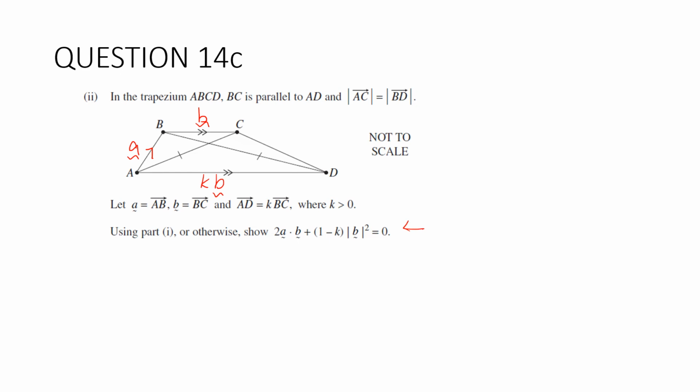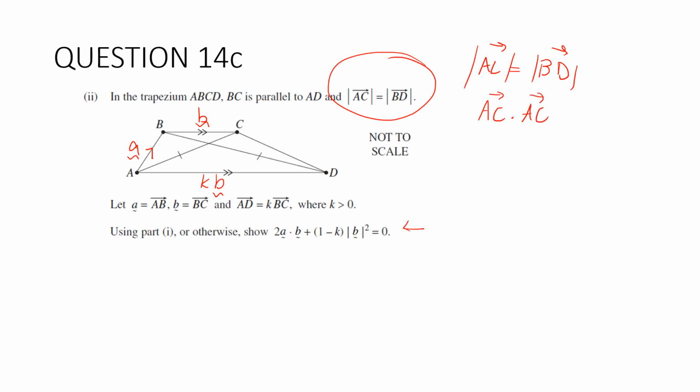Okay, so we're going to start with this fact here, that the magnitudes of AC and BD are equal, which means that the dot product of AC with AC will equal the dot product of BD with BD. Now AC, let's see what is that.